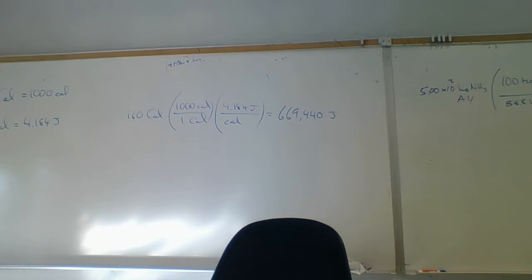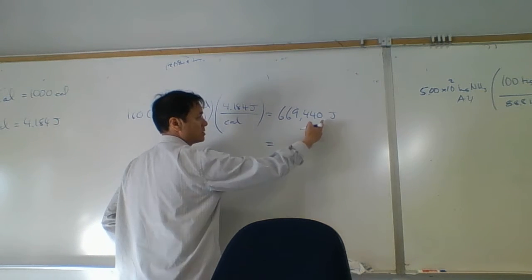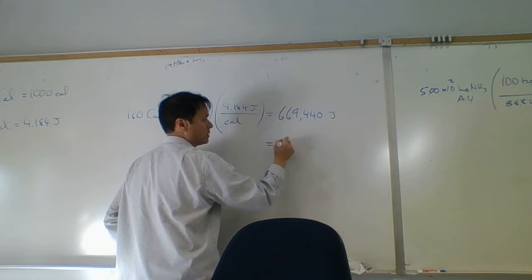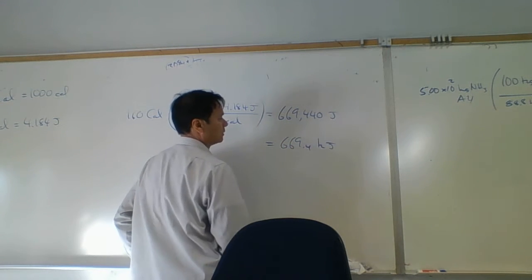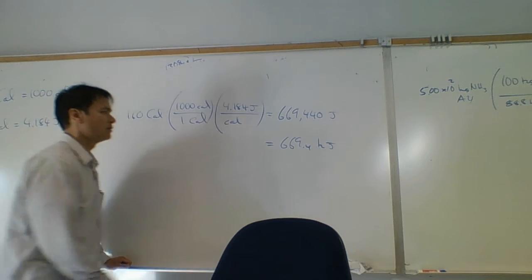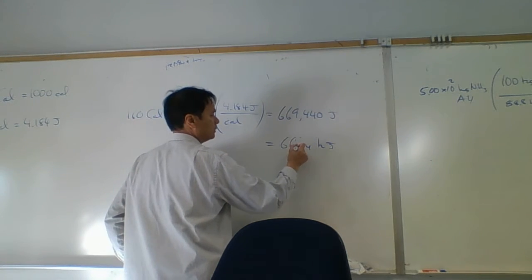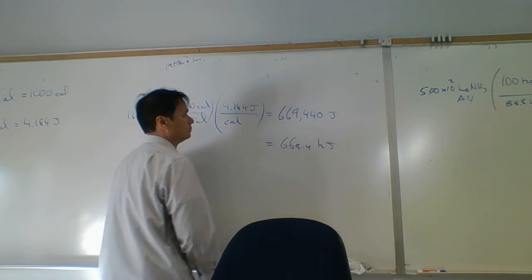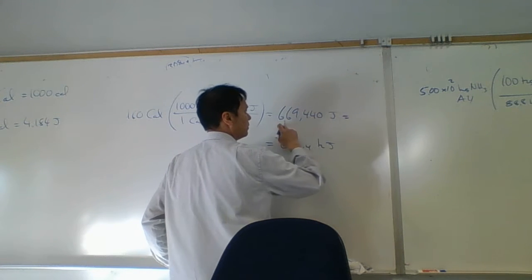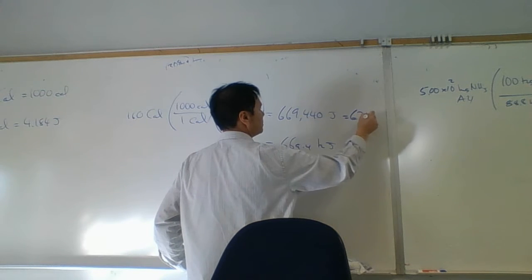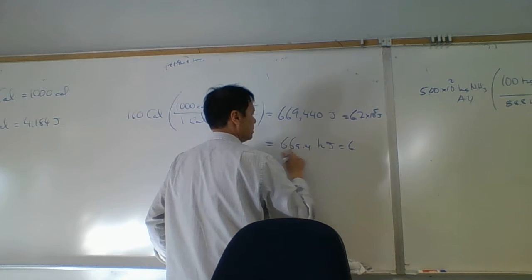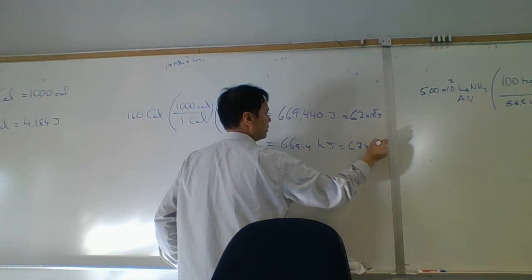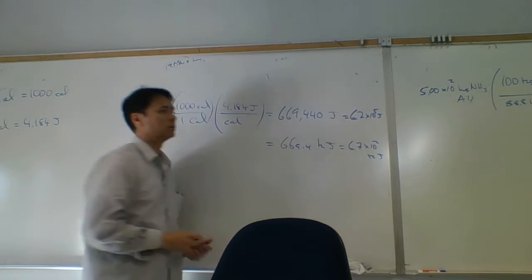Those are big numbers, and so rather than expressing this in joules, we'll express this in kilojoules. So this would be 669.4 kilojoules. Actually, I'm not even allowed that many sig figs, am I? And so to round this to the correct number of sig figs, this would be 6.7 times 10 to the 5th joules, or 6.7 times 10 squared kilojoules of energy.